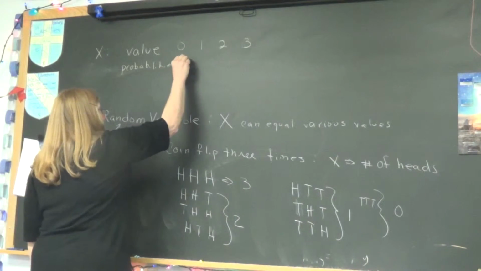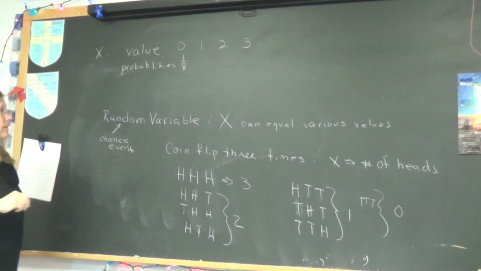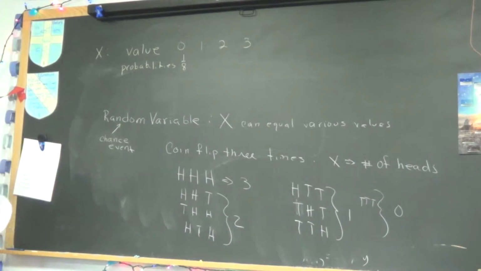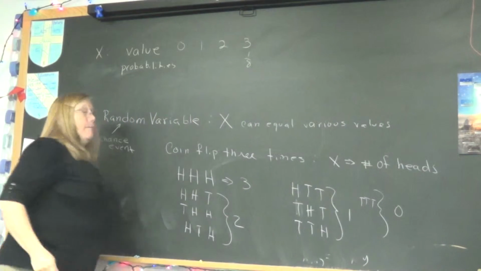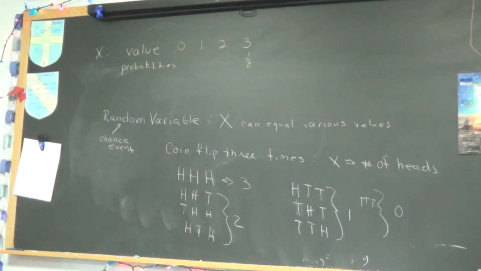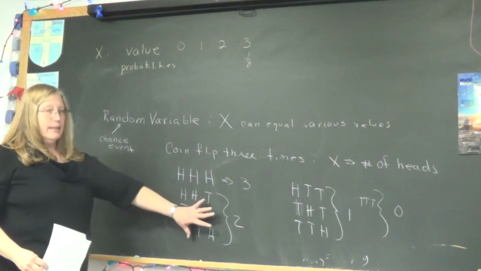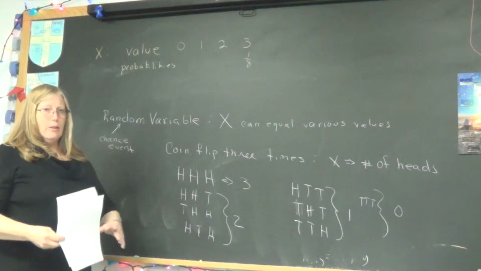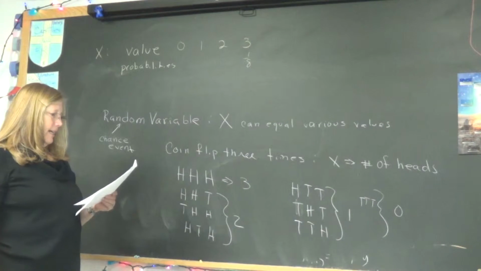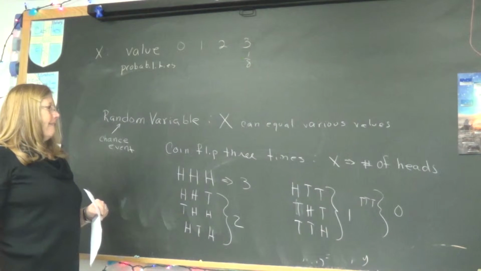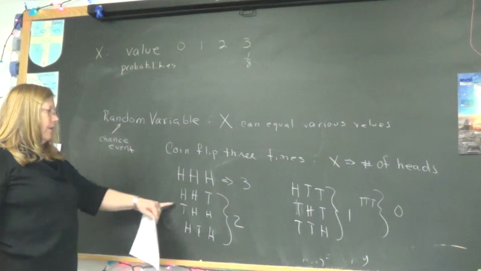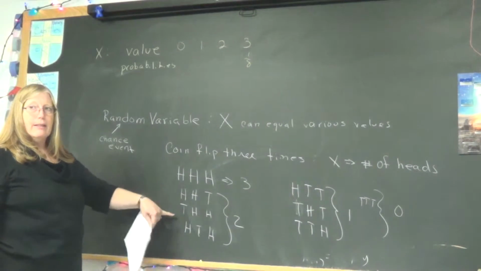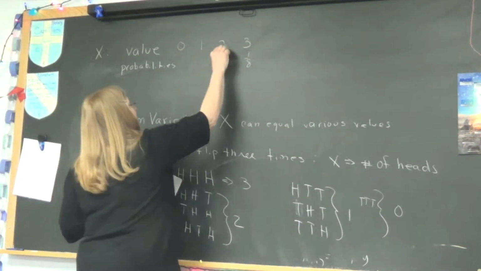So, Julia, yours was the 2. So what's the probability of these situations? No, this could happen 3 times. Yeah, 3 out of 8. Okay, I'm sorry.